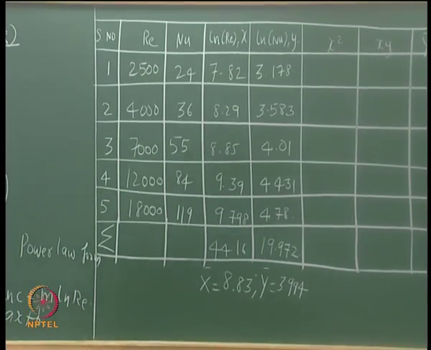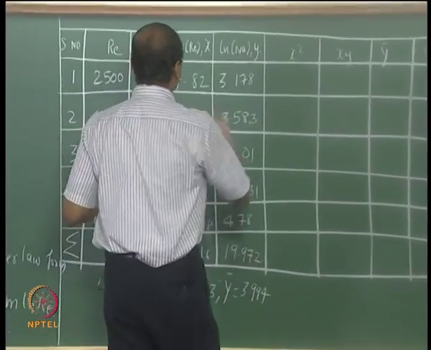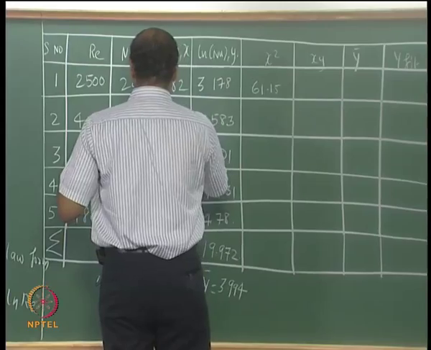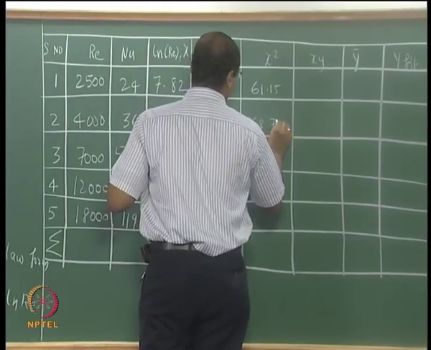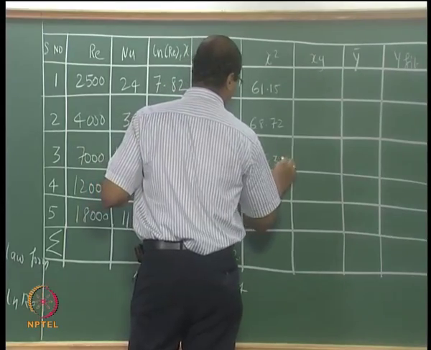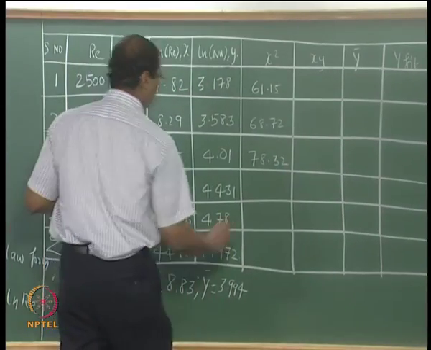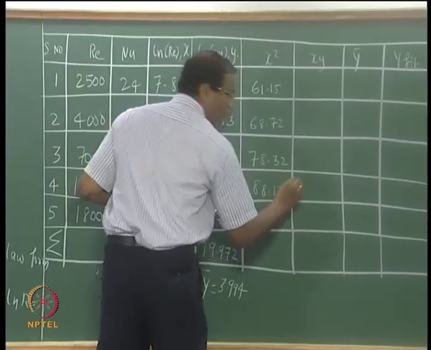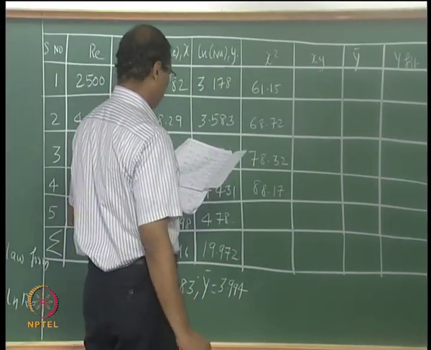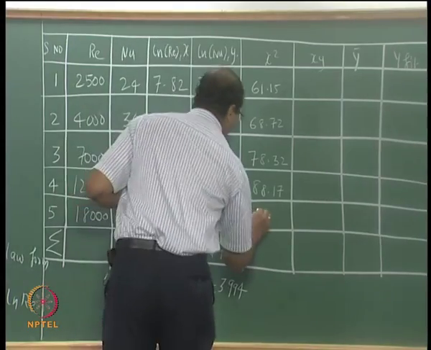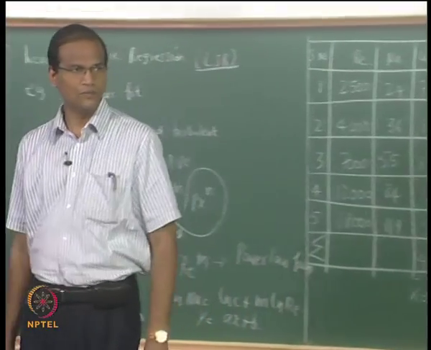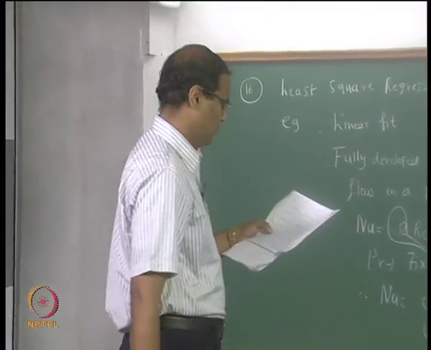Now the more tedious operations come. You have to get x squared, 7.82 square. This is 68.72. 88.17. 96.00.